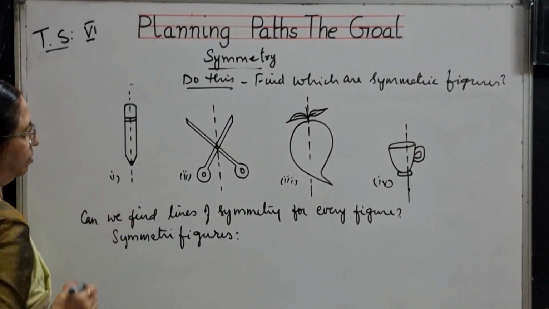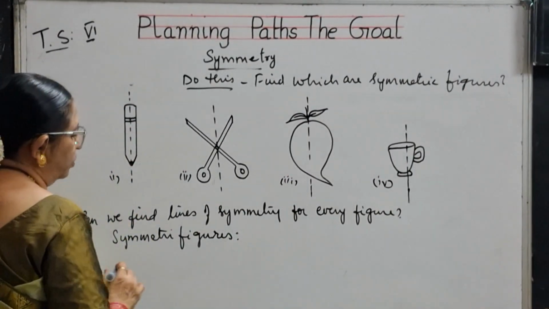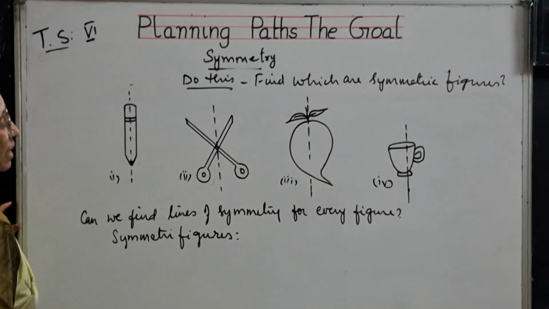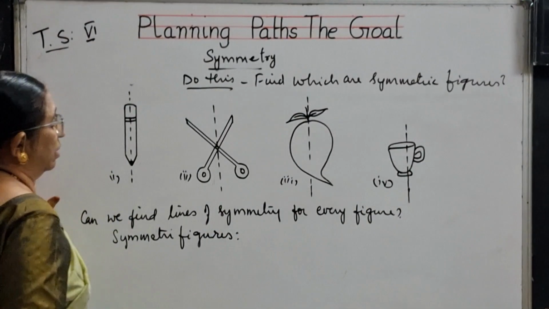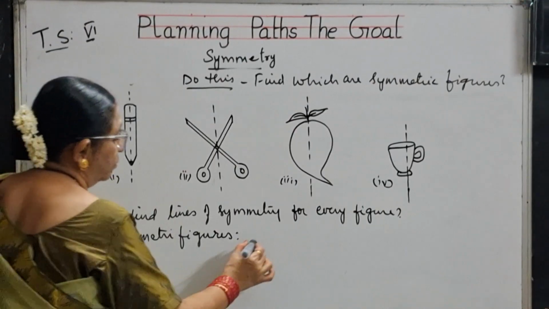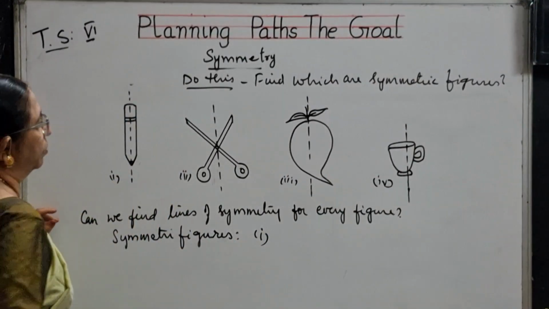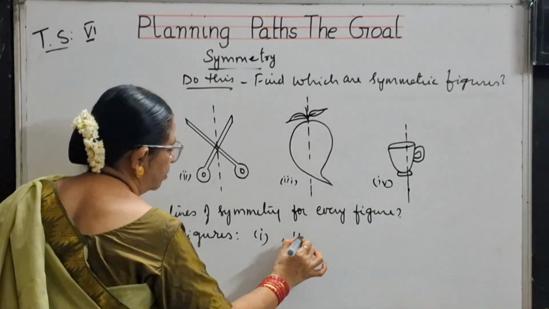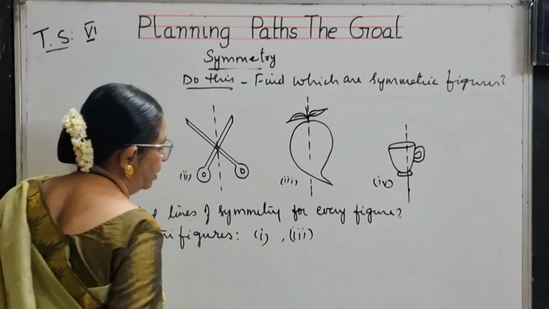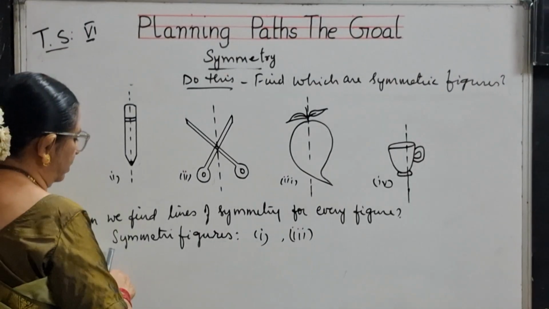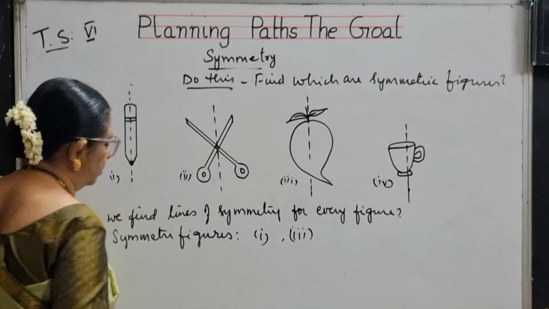See, the first one, symmetric figures means what? You need to find out that the line that is drawn divides the figure into two equal halves. So, the first figure, the pencil, is divided into two equal halves, and the scissors also is divided into two equal halves. So, we can say that symmetric figures are 1 and 2.